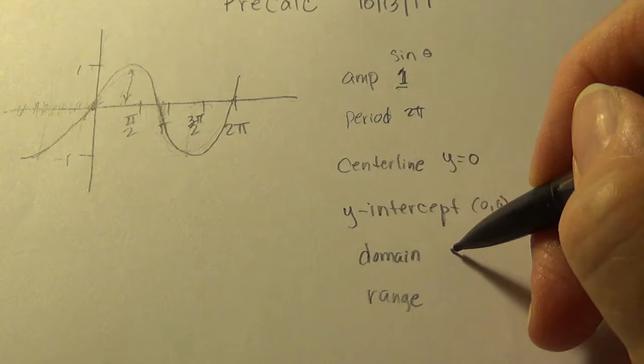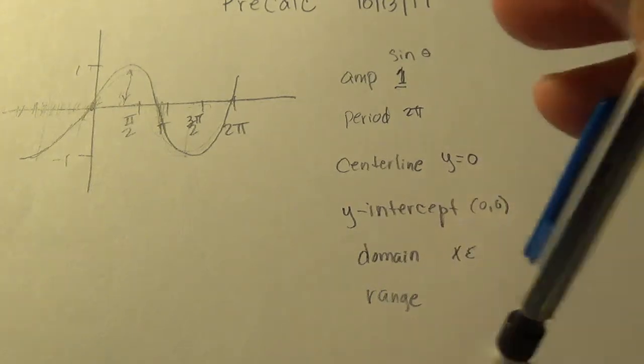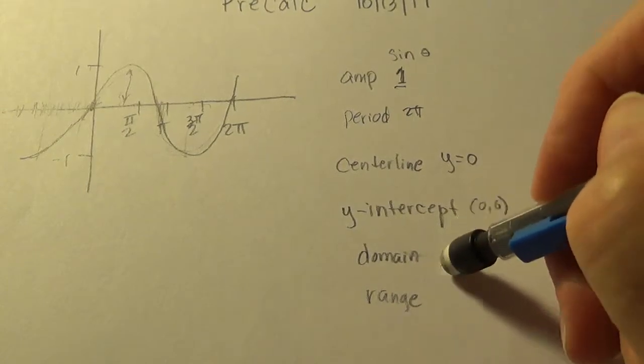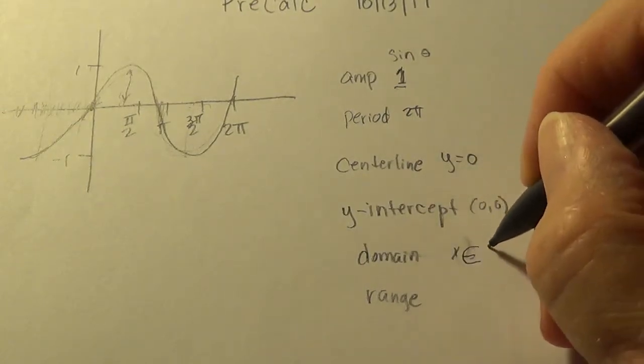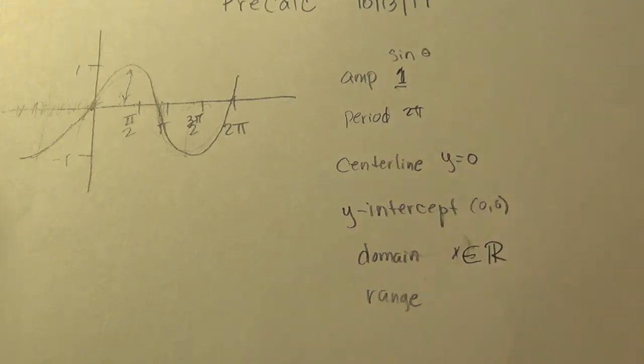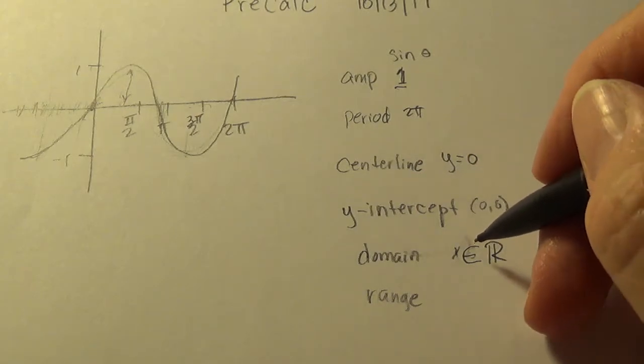We say x is an element of the reals. I remember our little symbols. Here's the mathematical symbol, and that tells the reader all real numbers are in the domain.